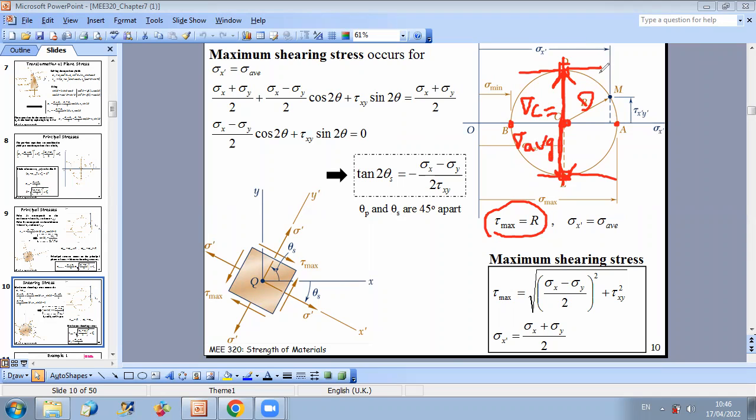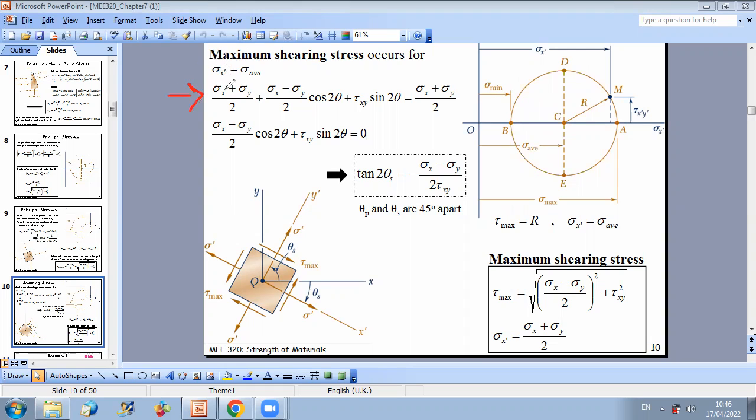So to find the relative orientation of the axes corresponding to maximum shear, I can solve the equation sigma x prime equals sigma average. I replace sigma x prime by the function I developed when we did the relation between sigma x prime, sigma x, sigma y, tau xy, and theta. The expression we derived together is the following.